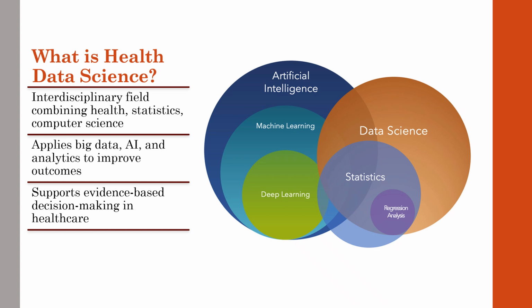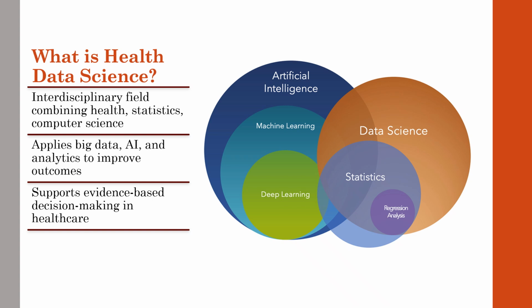This Venn diagram visually explains that health data science is a combination of three main areas: data science, artificial intelligence and machine learning, and statistics.